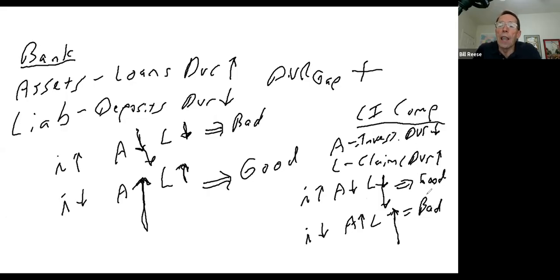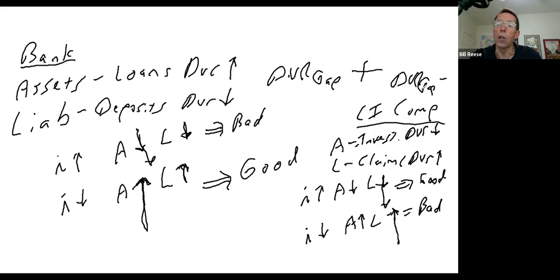So we're seeing that the life insurance company has a negative duration gap because, remember, duration gap is the duration of the assets minus the duration of your liabilities. The life insurance company has a higher duration for the liabilities than it does for the assets, so it is going to have a negative duration gap.